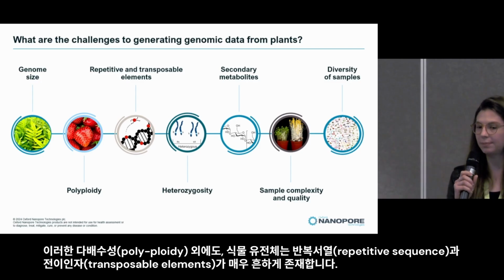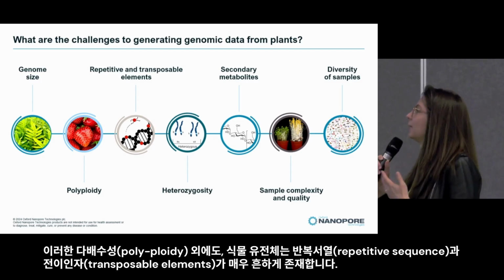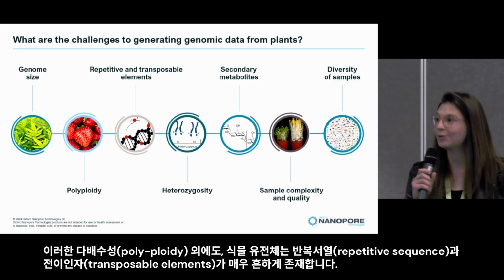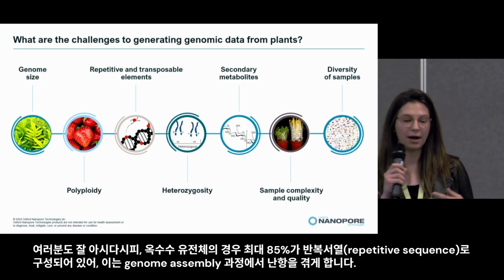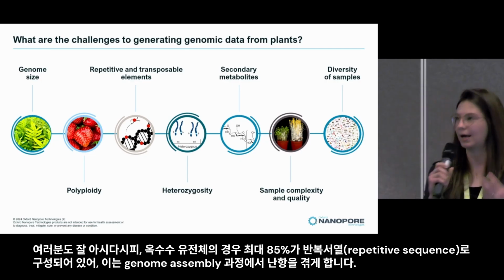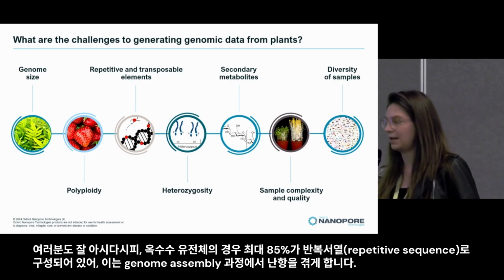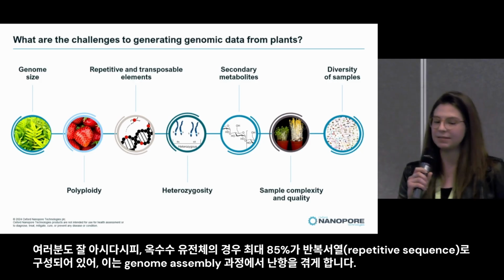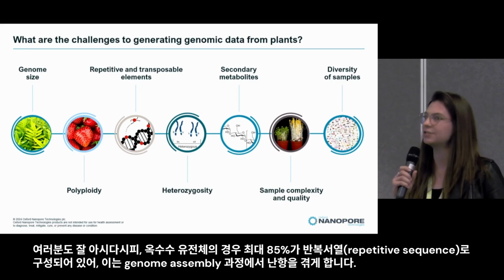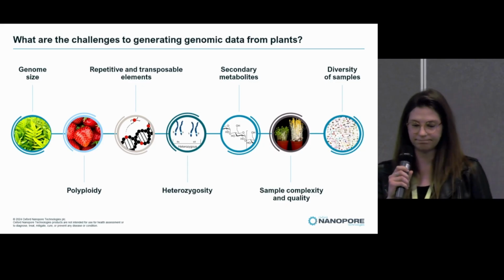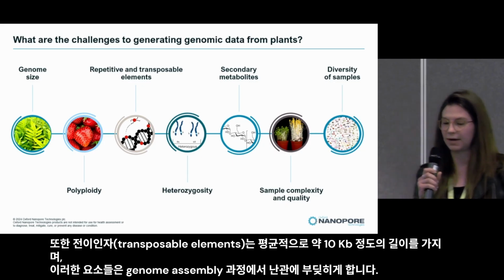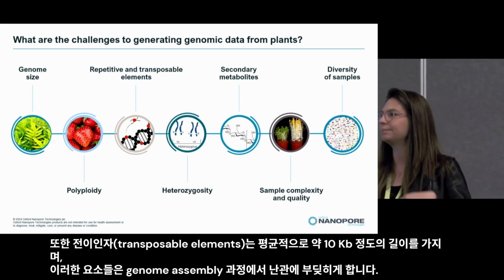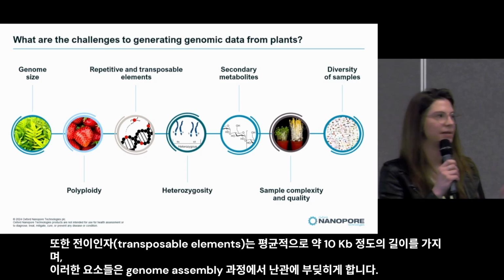In addition to polyploidy, we have things like repetitive and transposable elements, which are quite ubiquitous in plant species. Things like the maize genome, as I'm sure you're familiar, can be up to 85% repetitive elements. And these pose really unique challenges to assembling genomes. Likewise, these transposable elements are typically on average about 10 kb.